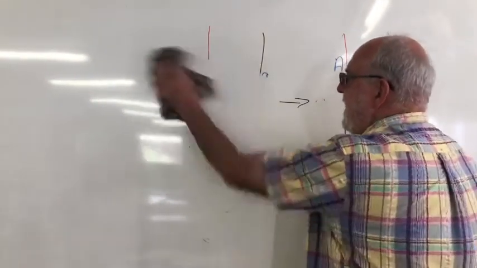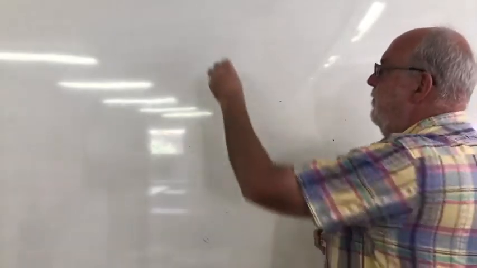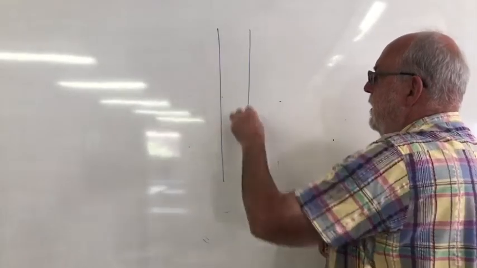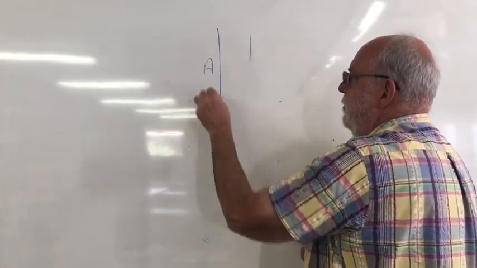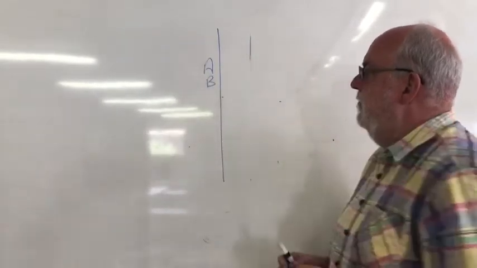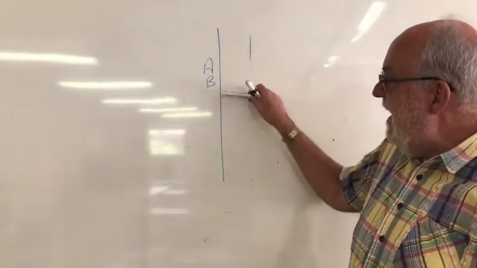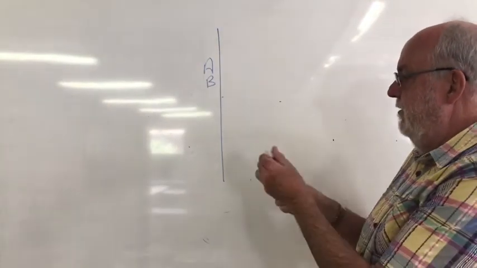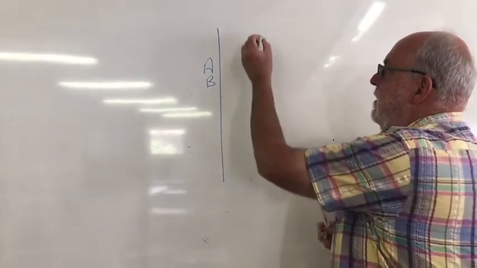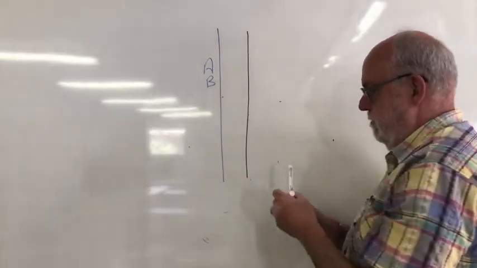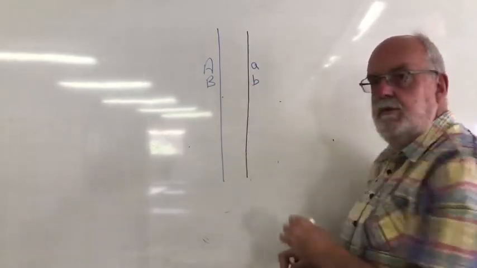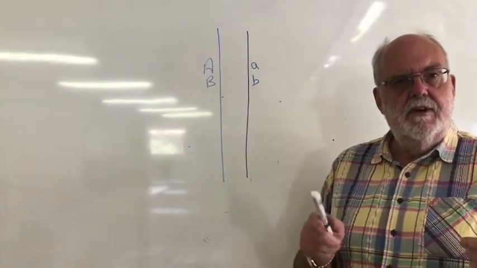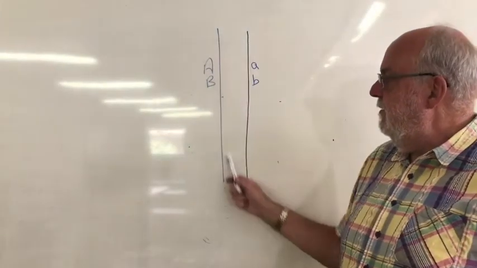Just to demonstrate that, here are two alleles very close together. Crossing over can happen anywhere down the chromosome. So here's the homologous pair, and here is the recessive allele of each of these two genes. Crossing over can occur anywhere down the whole length of the chromosome.